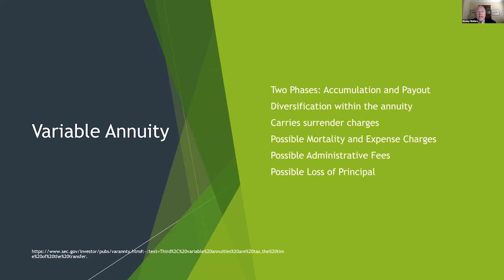If structured, they have mortality and expense charges and administrative fees, which I mentioned can range from 2.5 to 4.5%. And as mentioned also, there is no principal guarantee. You can see your principal vary, note variable annuity, over time, up or down.